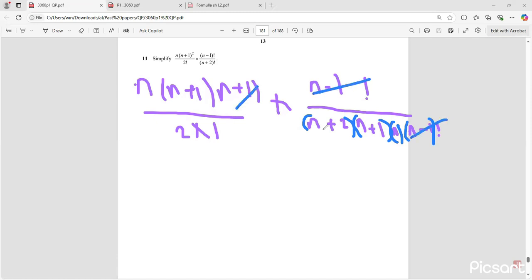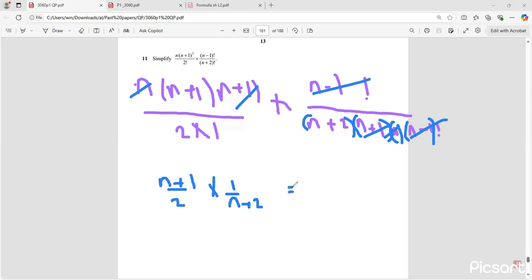Okay, n plus 1, n plus 1, n, and n cancel. So the remainder up here is n plus 1 over 2, multiplied by 1 over n plus 2.